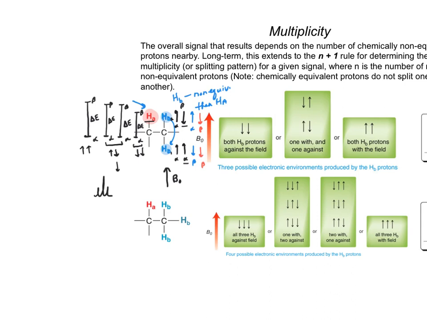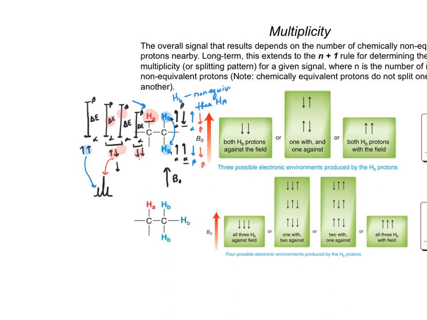Let me try to illustrate this. This guy is representing this one, whereas this guy and this guy are representing the one with and one against, and that's represented in the big 1 to 2 to 1 ratio.